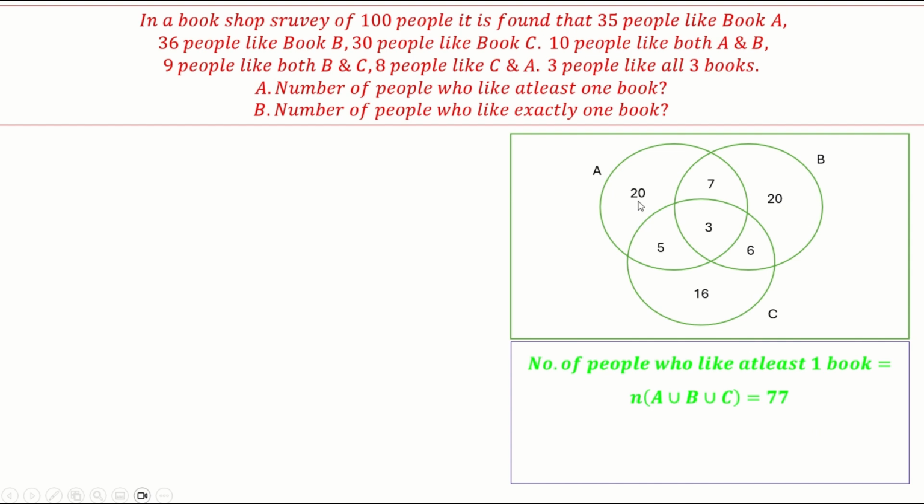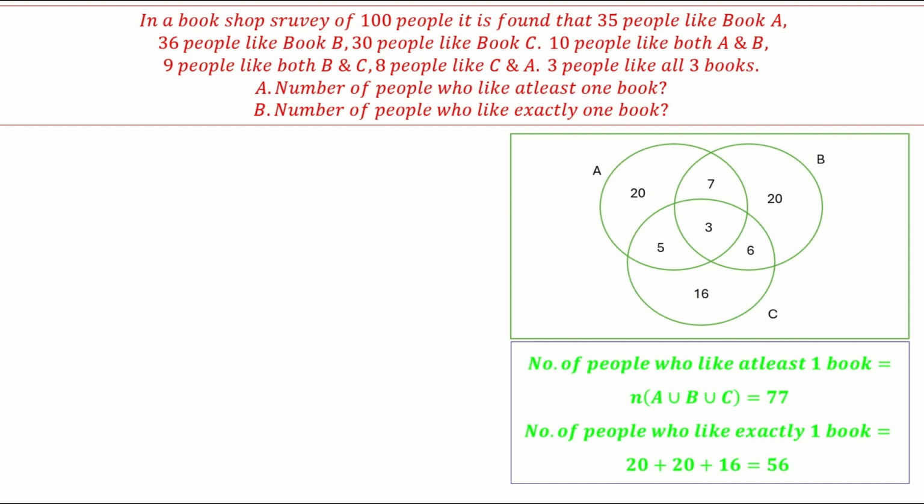So that is 20, 30, 50, 61, 77. This is the total number. And the number of people who like exactly one book, only one book, is here: 20 plus 20 plus 16, 56. So this is the easiest way to do these set problems using a Venn diagram.